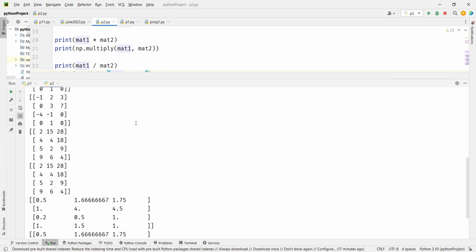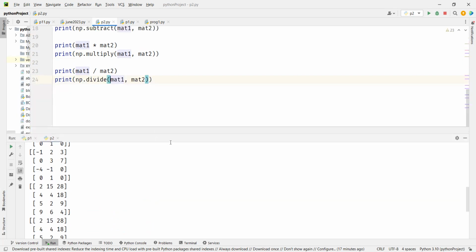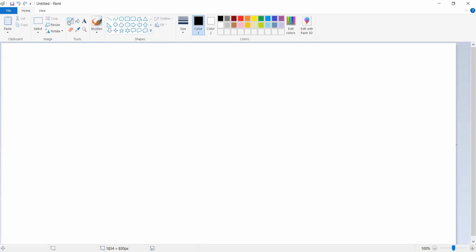If I go to Paint, if I have to do matrix multiplication, this is mat1 and if you want to multiply with mat2, the actual matrix multiplication order is important.